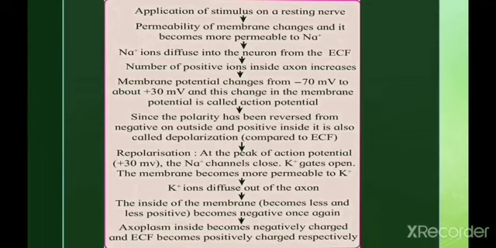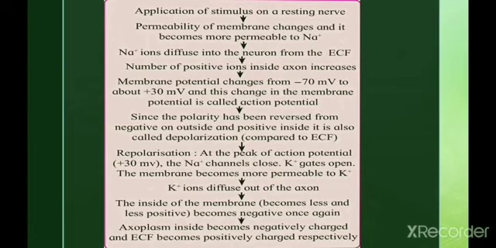First of all, whenever a resting nerve receives a stimulus, immediately permeability of membrane changes and it becomes more permeable to sodium ion. That means now sodium ions diffuse into the neuron from the extracellular fluid.